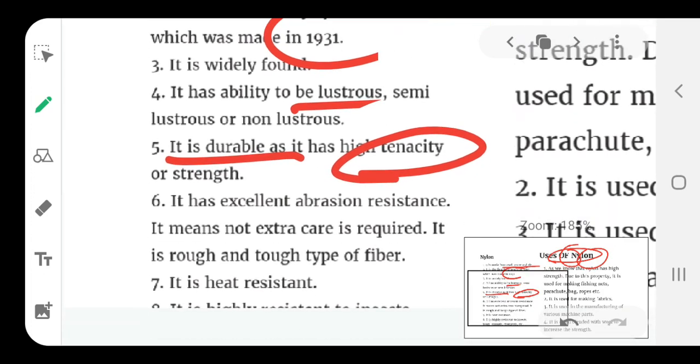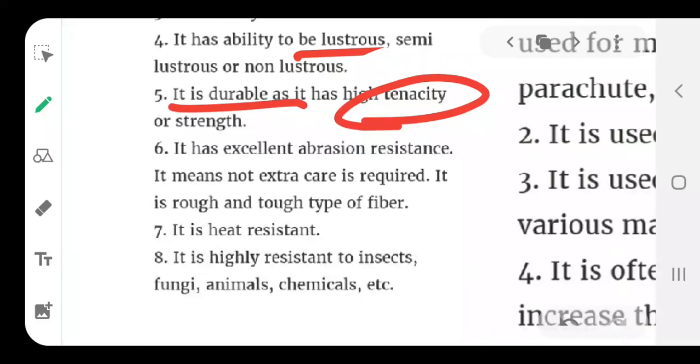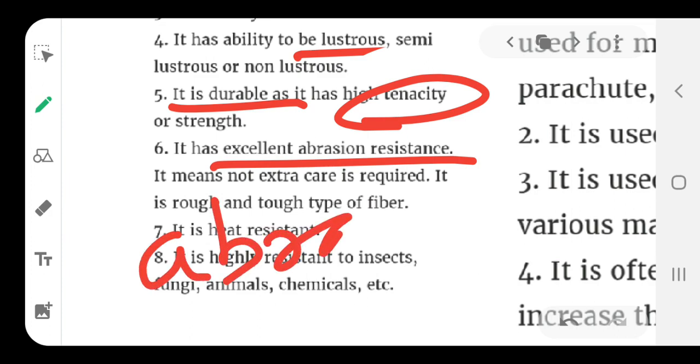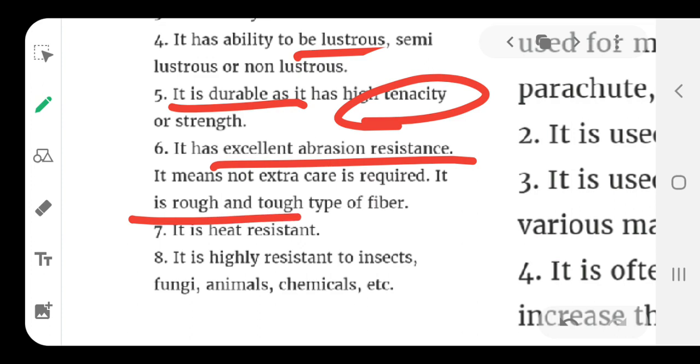Then they have excellent abrasion resistance. Underline the word abrasion, A-B-R-A-S-I-O-N. What it means is that no extra care is required for them. It is a rough and tough type of fiber, and it also has some property of heat resistance.